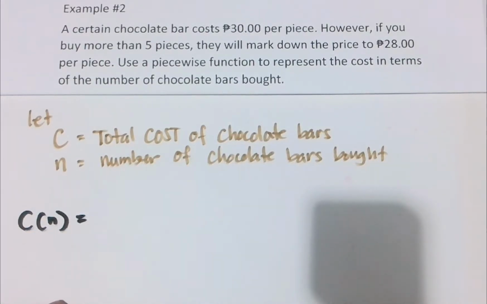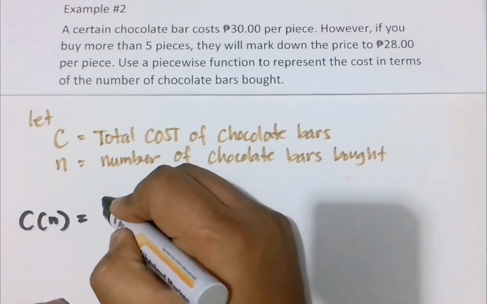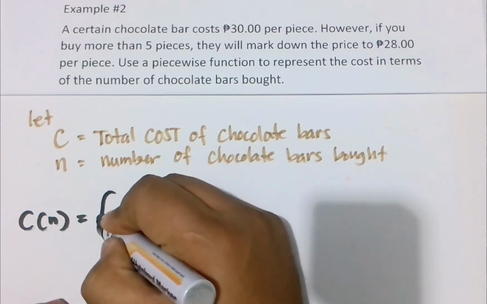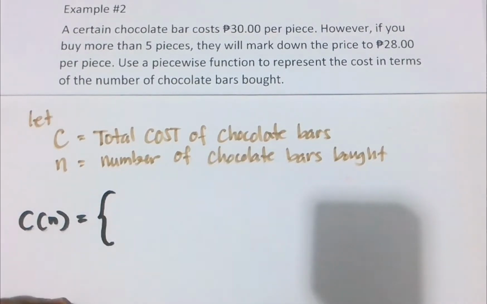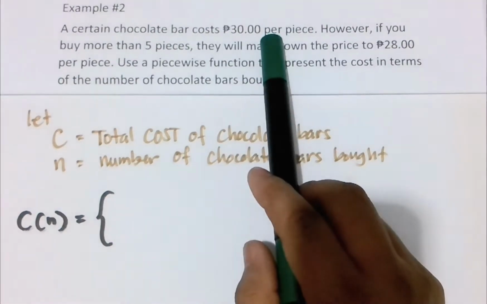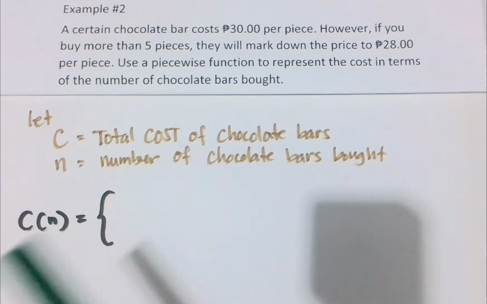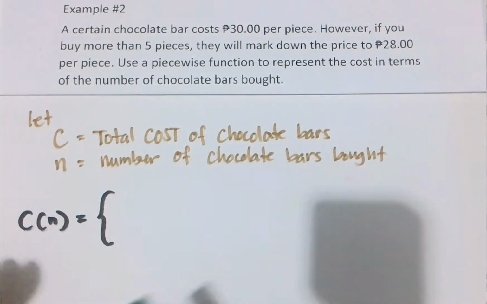Okay, so since there are two conditions in this given problem, so logically, it is a piecewise function. So therefore, gagamit tayo ng ganitong symbol. Okay. Now, before we go further, let me just emphasize this one, na pag nabasa ninyo or na-encounter nyo yung word na per, or kaya yung word na every, or yung each, yung word na yon nag-imply yon ng multiplication.